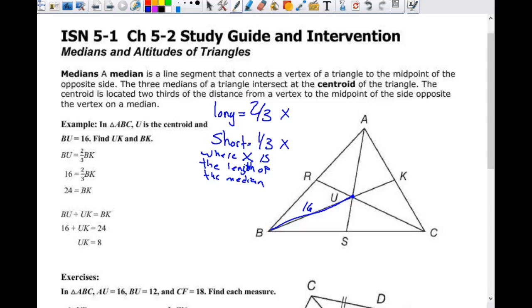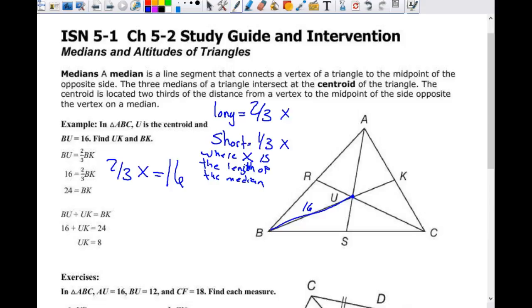And is 16 the long portion of the median or the short portion of the median? So the equation to get 16 would have been 2/3 x is equal to 16. We need to solve for x. If we solve for x, we find the entire length of the median.